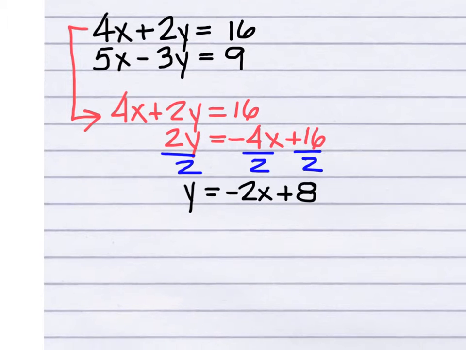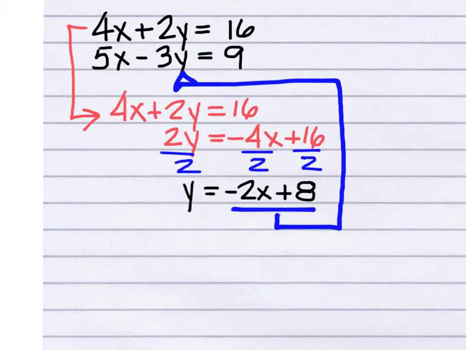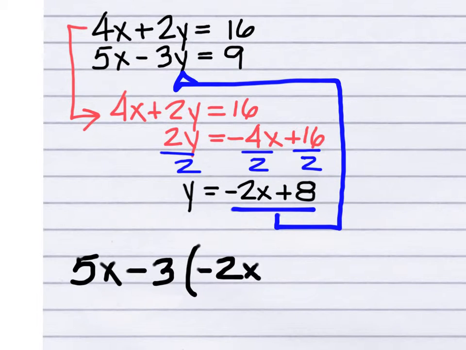We're going to sub that in for y in the other equation. That is 5x minus 3 times, instead of y, we are going to put negative 2x plus 8, and all of that is equal to 9.